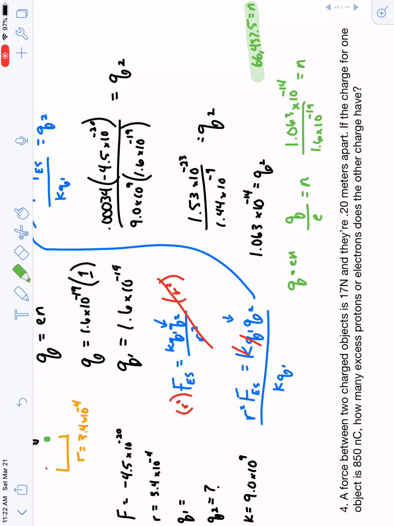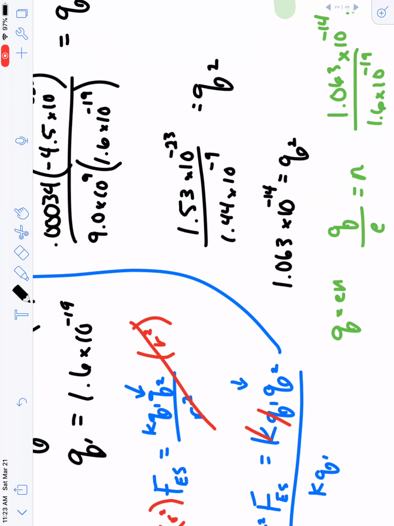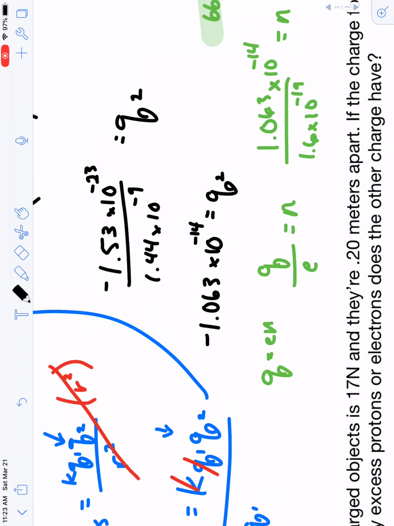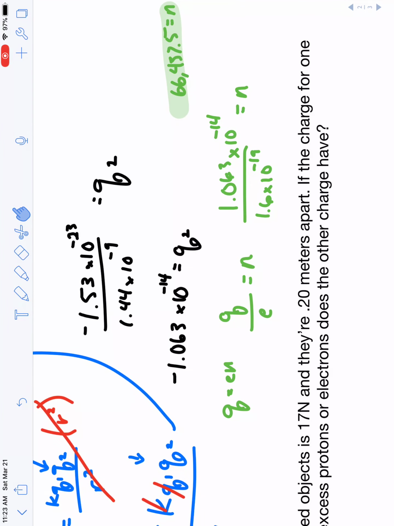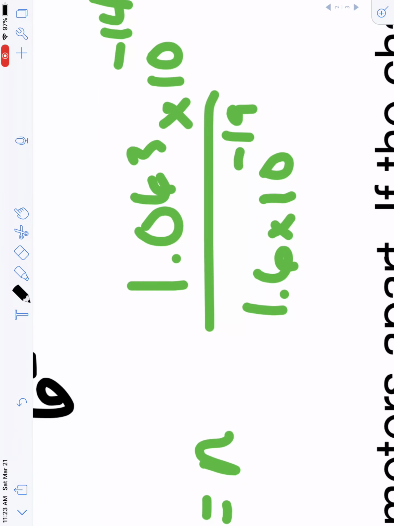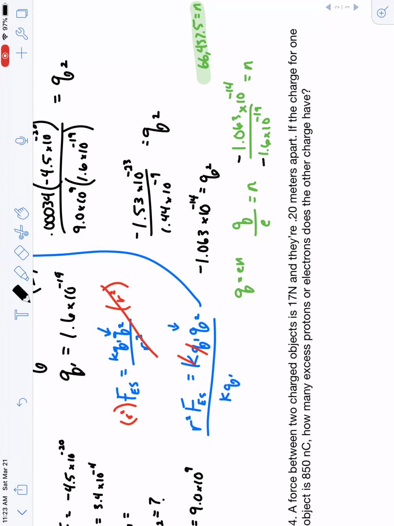Electrons. Again, I just caught my mistake. I apologize. Yes, I highlighted Q2 should be negative, so this should be negative. Both those charges are negative, and that's also the elementary charge of an electron.